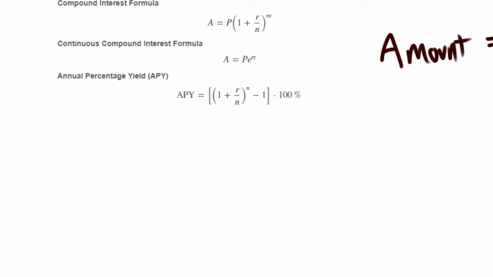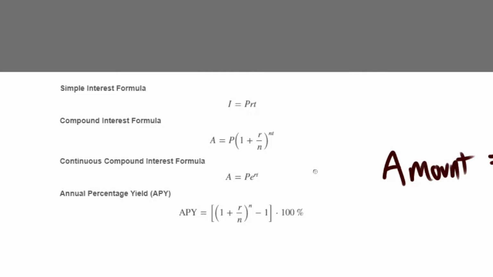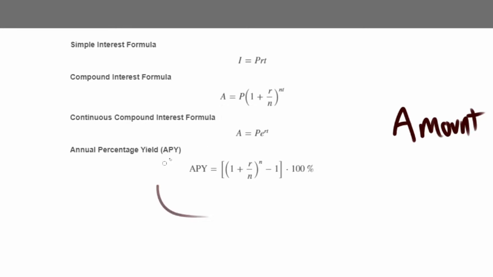So the annual percentage yield is, quoting Google here, the real rate of return earned on an investment, taking into account the effect of compounding interest. So if you had your compounding interest formula and you wanted to know what it would maybe be like in the simple interest formula, using the annual percentage yield might be effective for that.